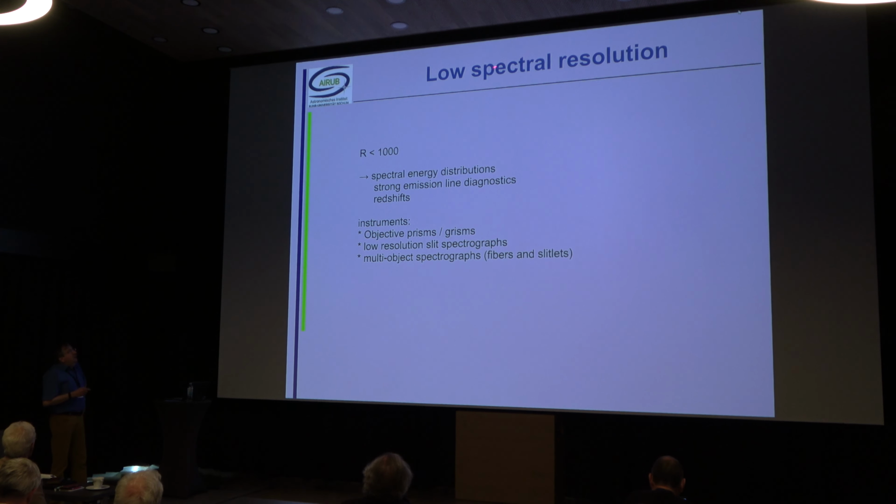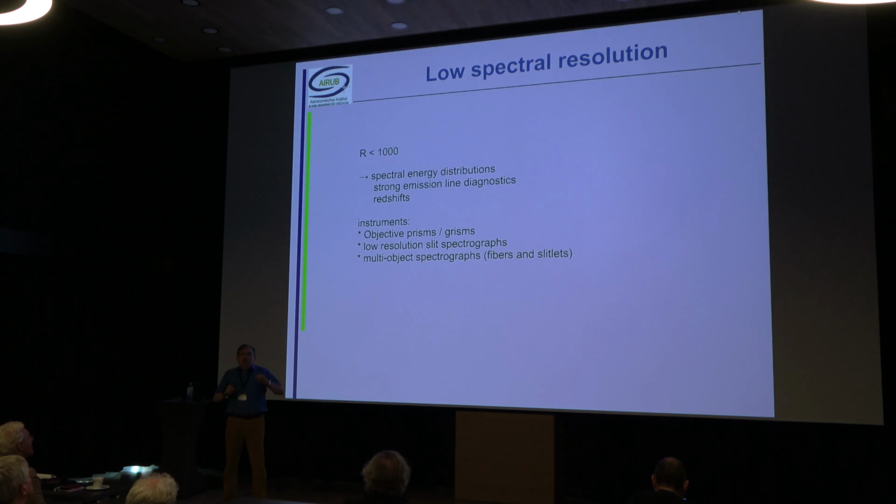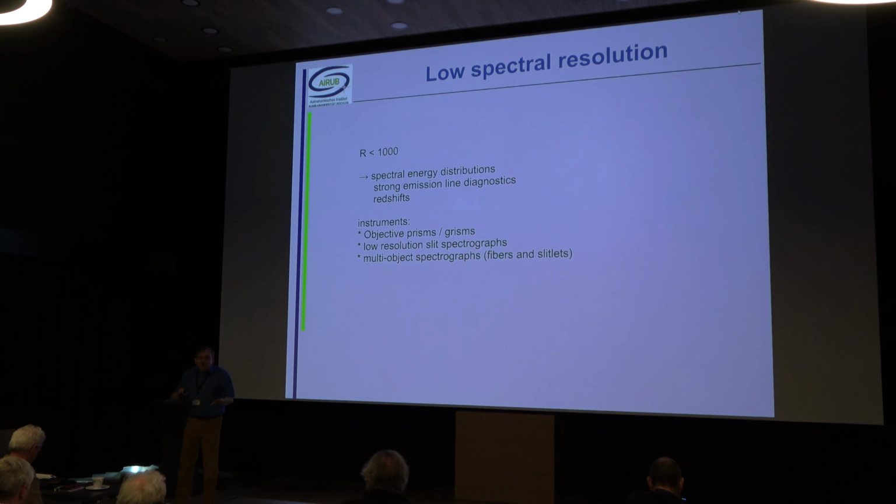I start with low spectral resolution, and I define that as R smaller than 1000. So R is lambda over delta lambda. There are different definitions, so don't take that as the definition, but just for the sorting of the talk, I say this is low spectral resolution. What you see there is obviously the shape of the spectrum, the spectral energy distribution.